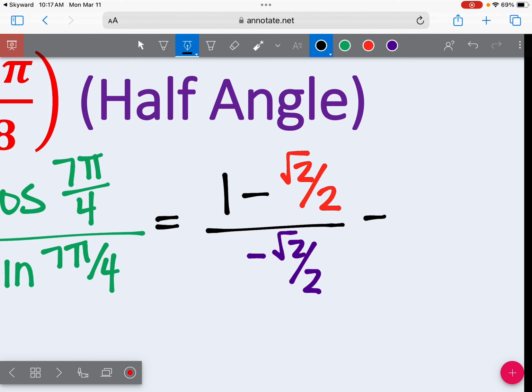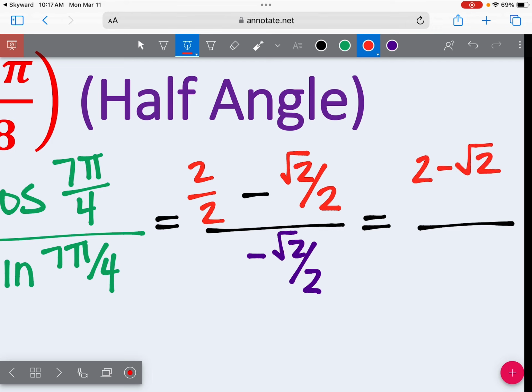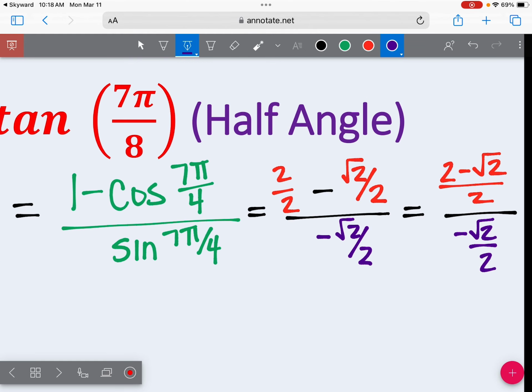First thing I know is I need a common denominator. So I'm essentially writing this as 2/2, which is going to give me 2 minus root 2 all over 2. And that's divided by my denominator. So let's do our keep, change, flip.